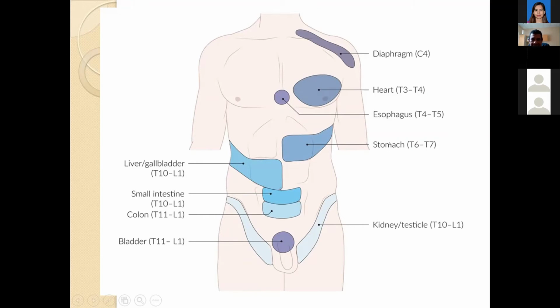The esophagus and stomach refer to the T6 and T7 area, the gallbladder area, the colon in the central part, and the bladder and kidney in the loin area. Referred pain is important to learn because when we clerk a patient, we hopefully get a better provisional and differential diagnosis, so that further investigation focuses on the organ involved.